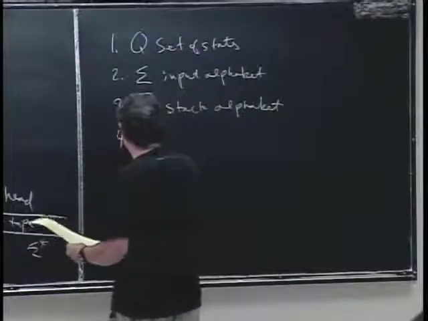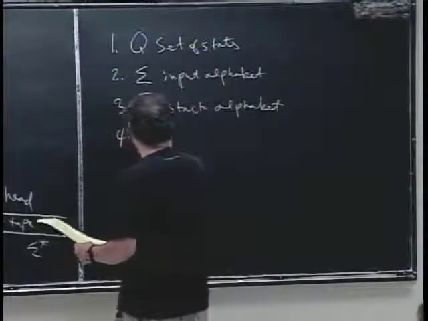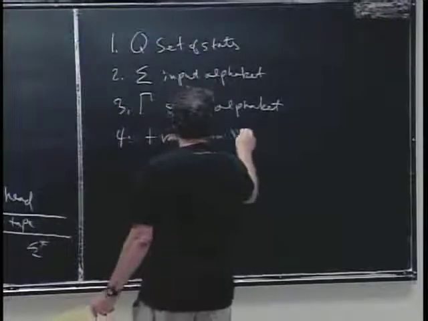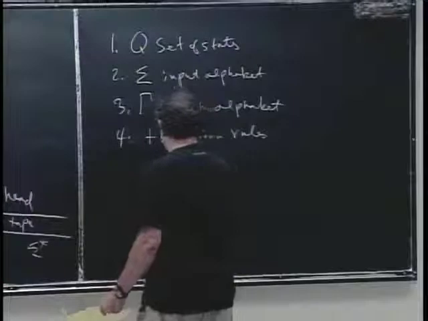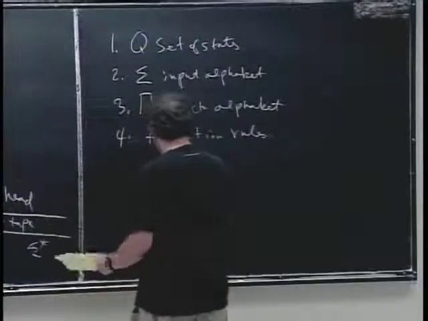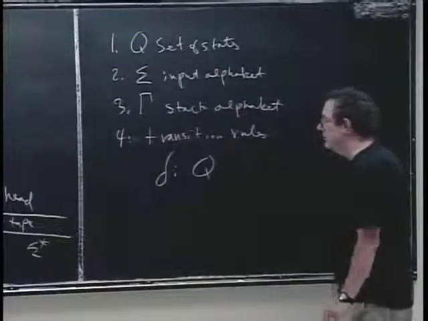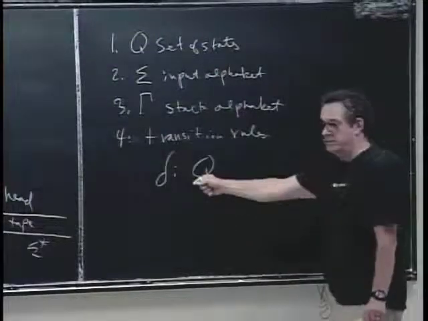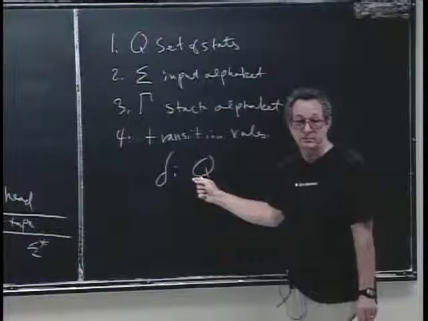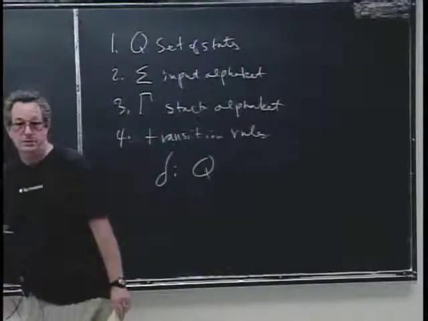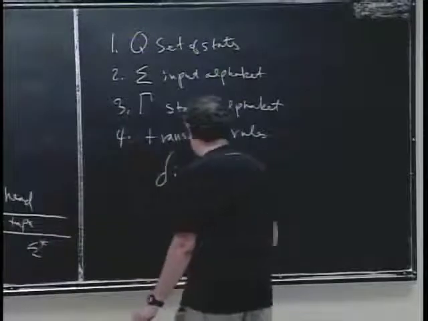Okay, and then it has transition rules, delta. Now, to decide how the machine is going to move, of course we pay attention to what state it's in. So we have this NFA part, so the machine is in some state at any given moment.